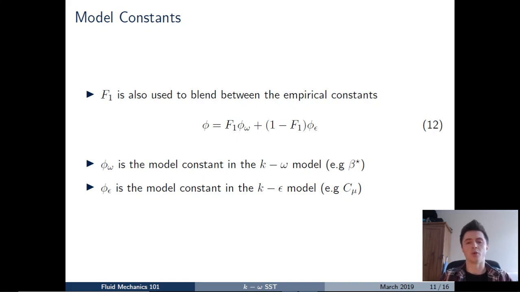You substitute in whatever constant it is you're blending, and the value for the k omega model is just given by phi omega. That's what I'm using as a placeholder, and the constant that you'd use in the k epsilon model will be given by phi epsilon there. We use that same blending function f1 to blend between the empirical constants, so we do get a true blending between the k epsilon and the k omega models.